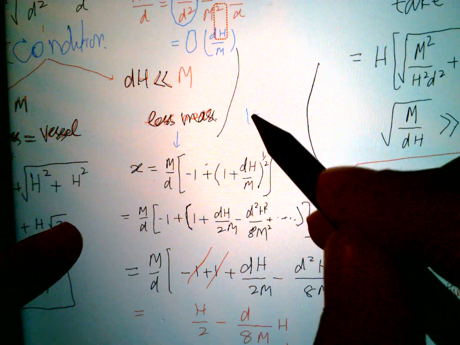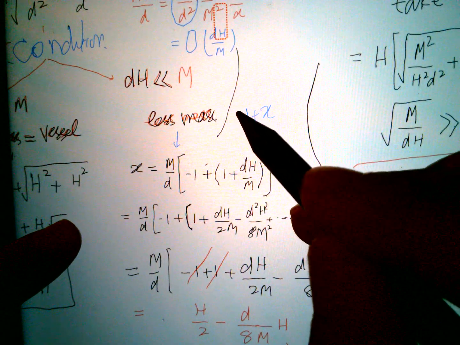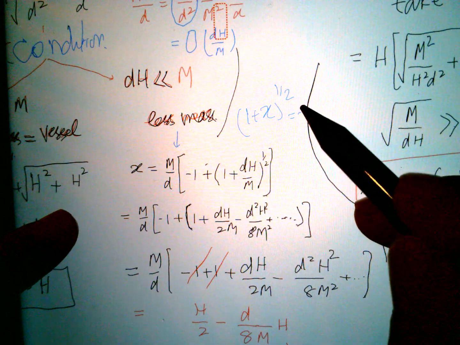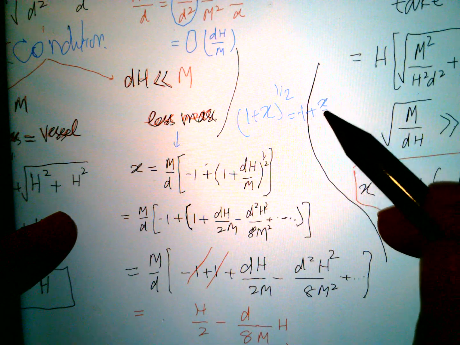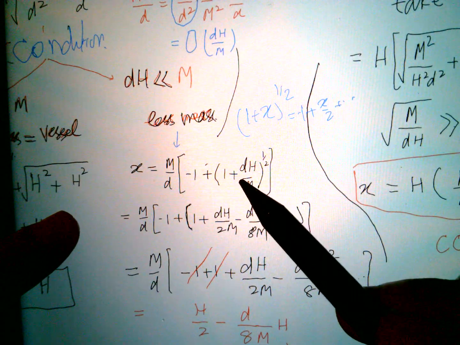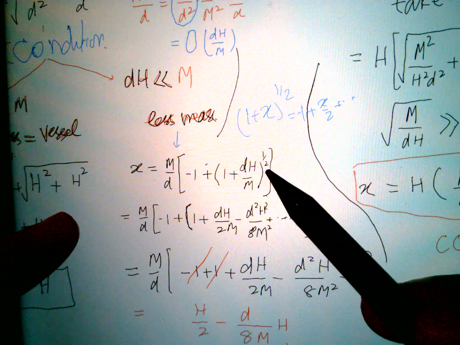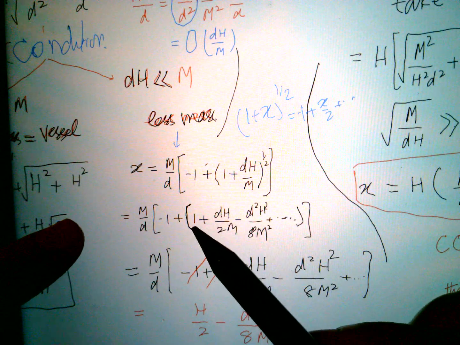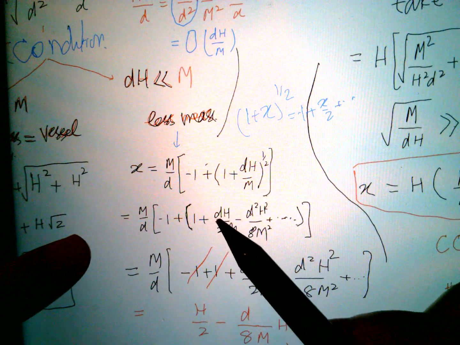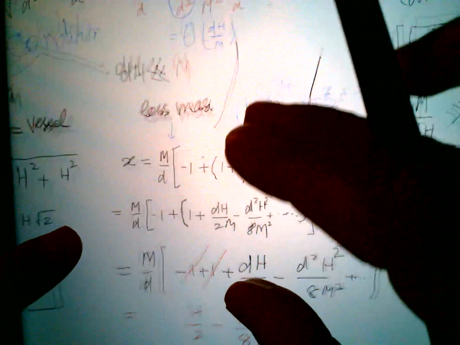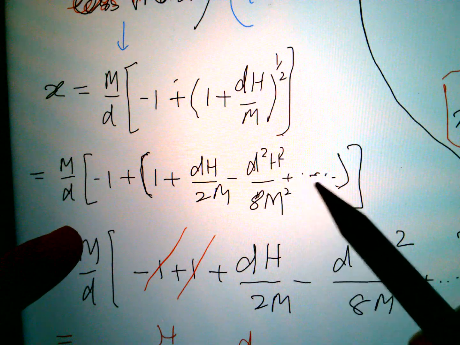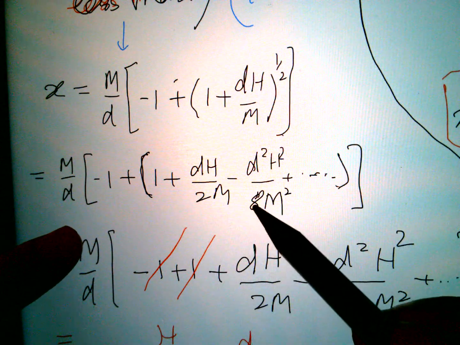So 1 plus x raised to the power 1 by 2 is equal to 1 plus x by 2 plus so on. If we do this, it will be equal to minus 1 plus 1 plus dh over 2m minus d square h square over 8m square plus so on. This will be a series expansion.